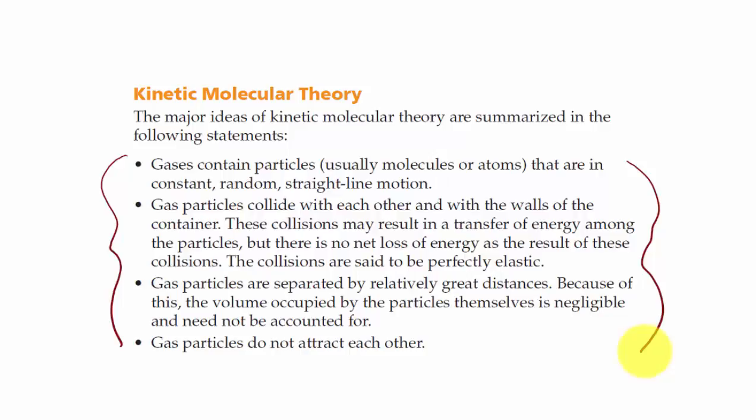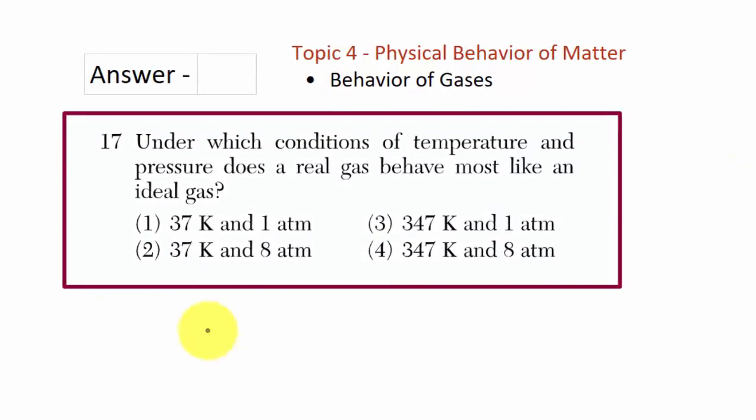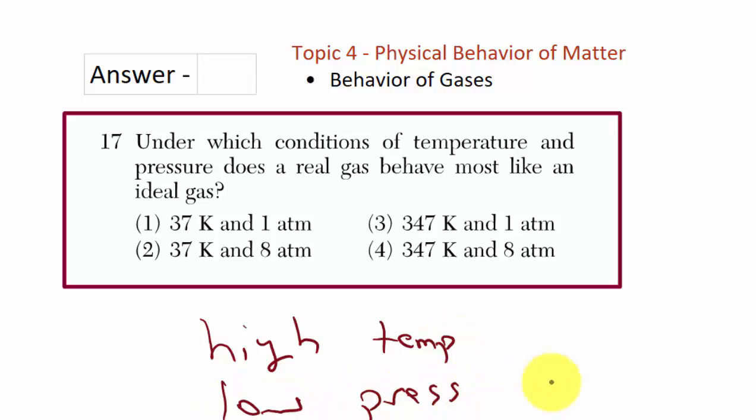So we need a fast-moving particle in a large amount of space. The conditions for such a thing to happen would require a high temperature, that's going to make your particles go fast, combined with a low pressure. Low pressure allows volume to spread out and gives us a maximum volume in which to operate. So the highest temperature combined with the lowest pressure is answer number 3.